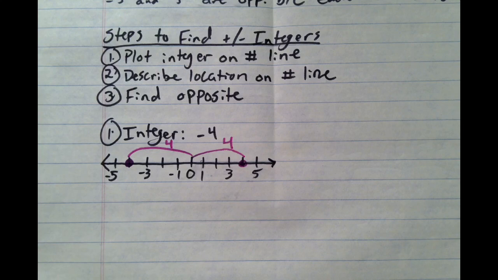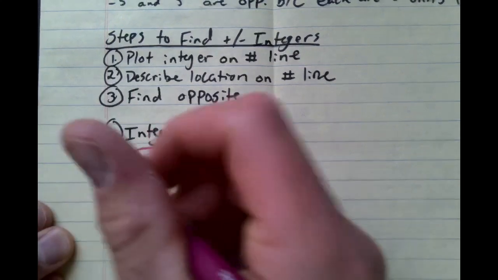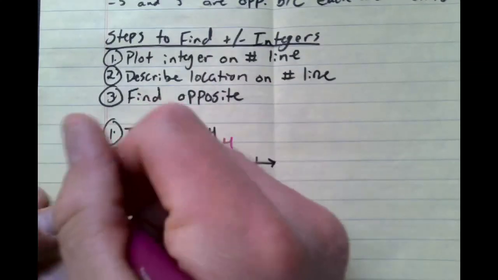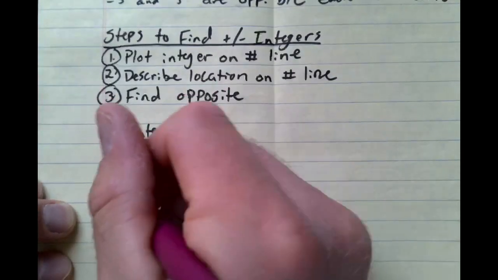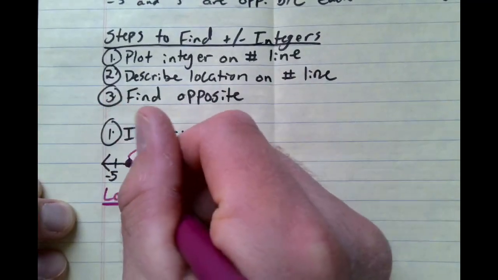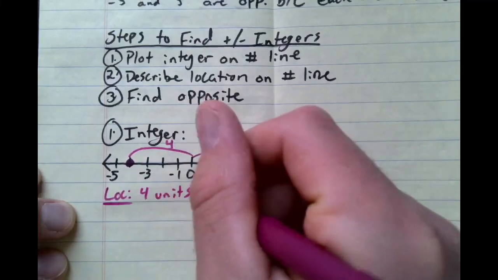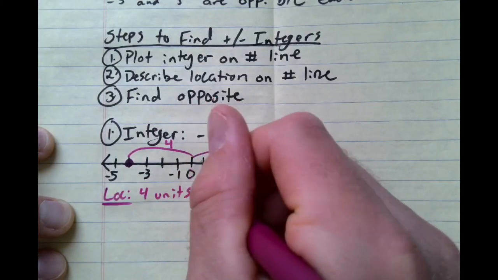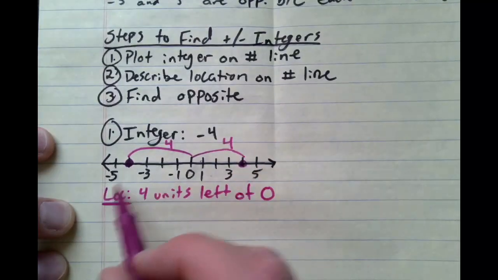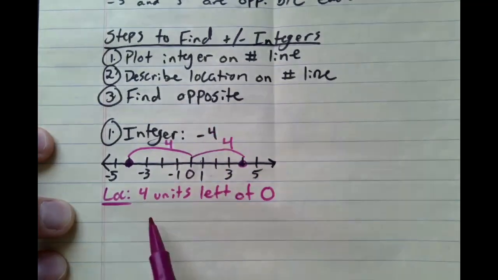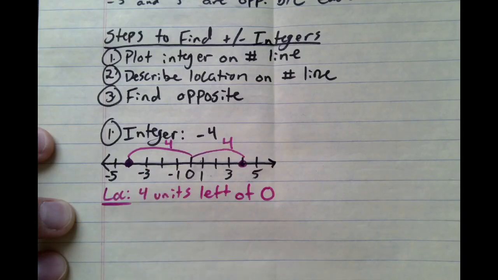So we know the location. Describe the location. So our location, and you can abbreviate with location, we know is 4 units left of 0. -4, the integer -4 is 4 units left of 0.